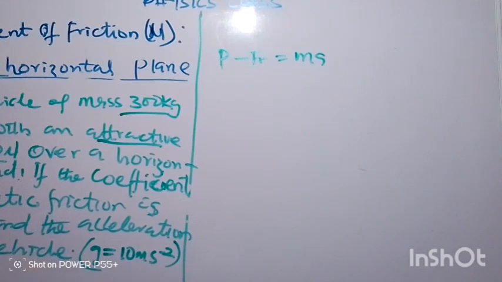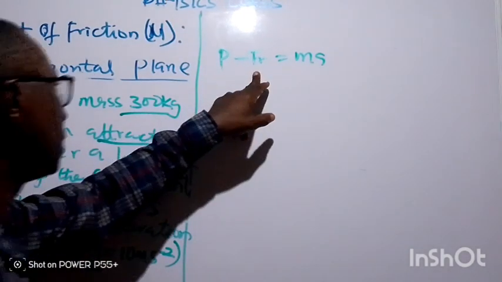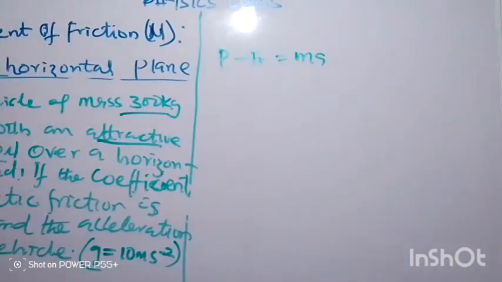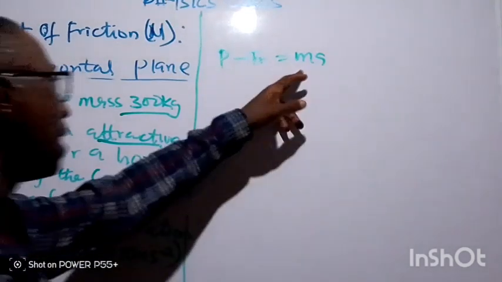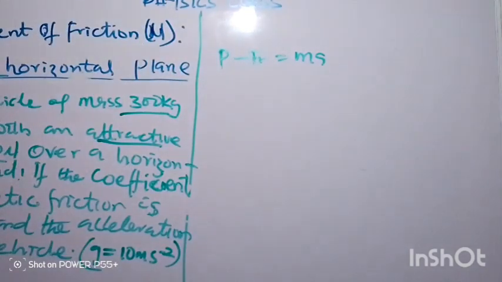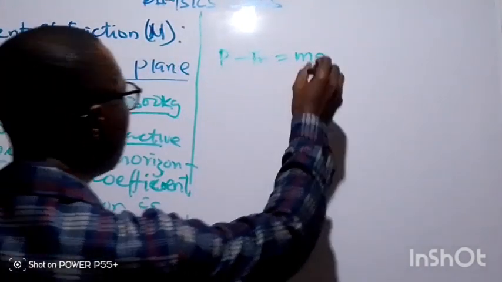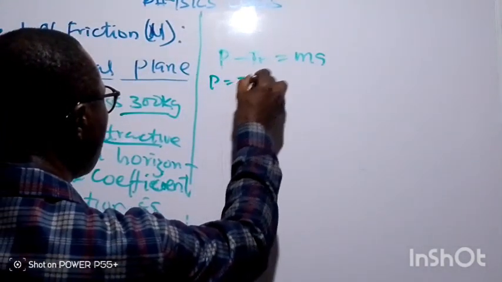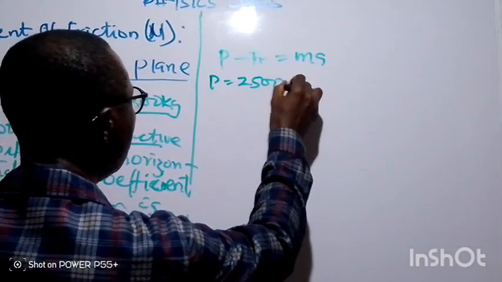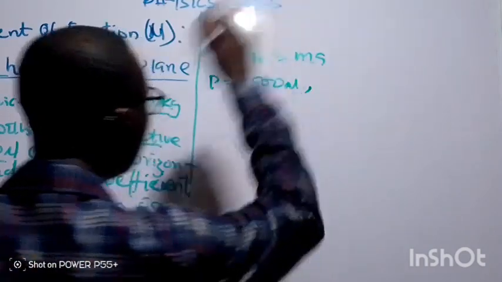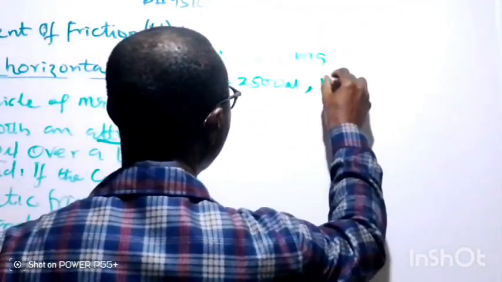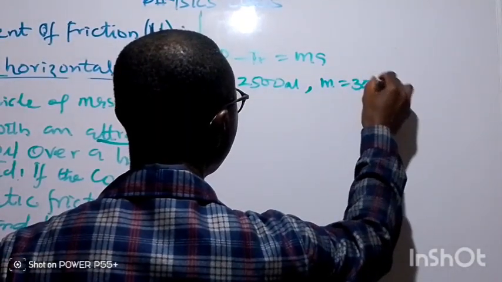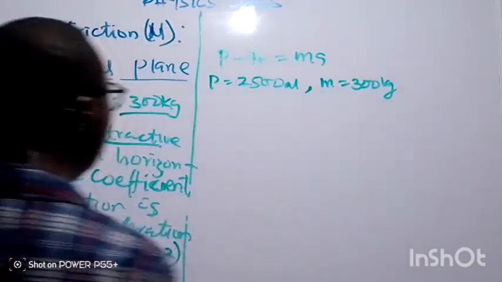From the question, the limiting frictional force is not given, and m is given. We have to calculate a. So here now, P is 2,500 Newton, m is 300 kilogram.